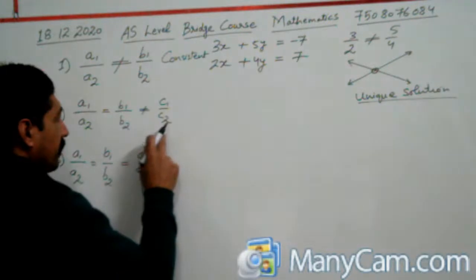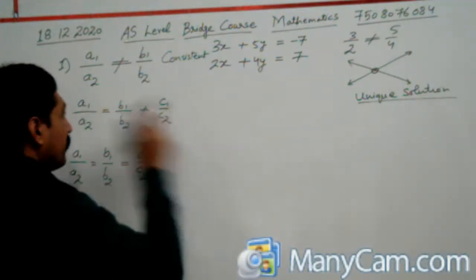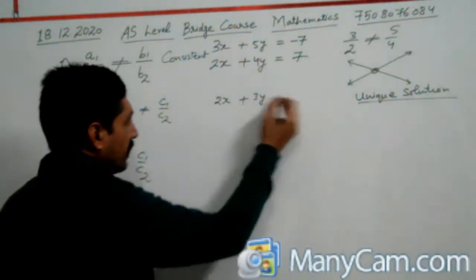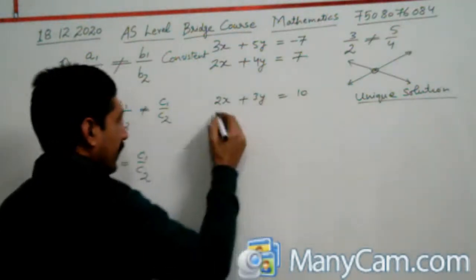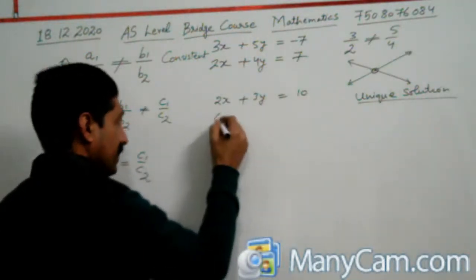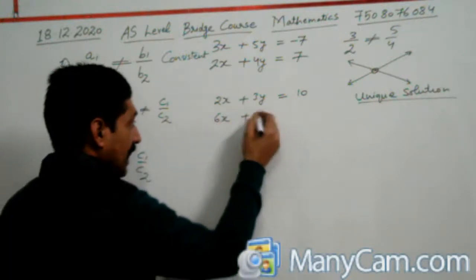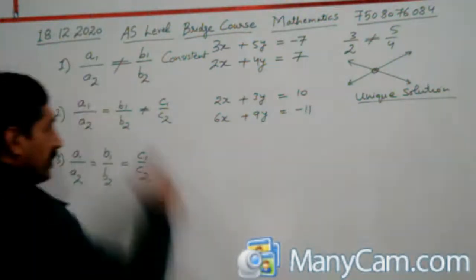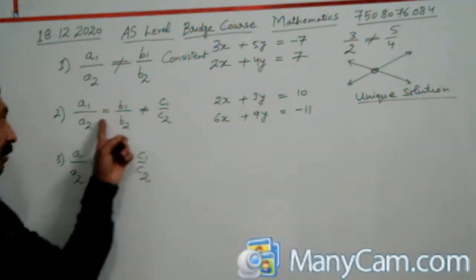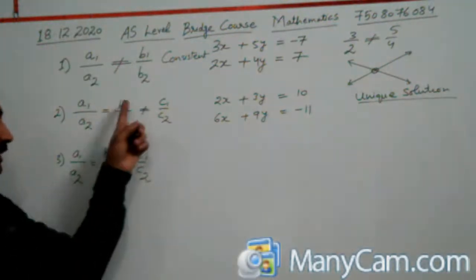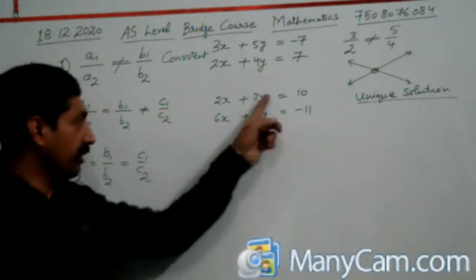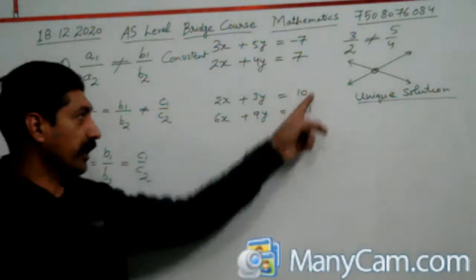And here, as one example, we have 2x plus 3y is equal to 10, and 6x plus 9y is equal to minus 11. So here this condition is applied: a1 upon a2 is equal to b1 upon b2, that is 1 by 3, and 1 by 3 is not equal to 10 by 11.